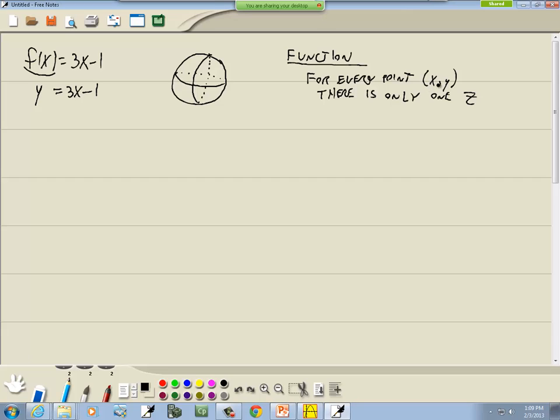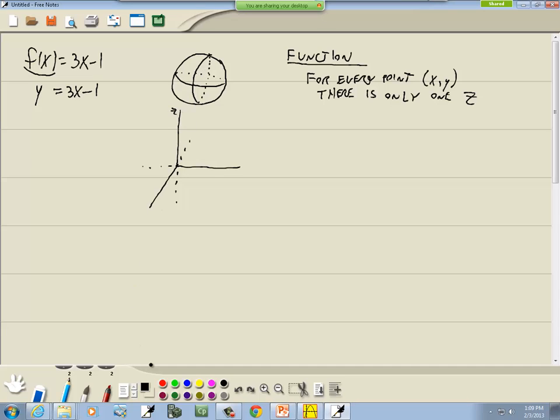Of course, if you had x, y, and z here, then you could throw another variable in there. If I look at this in 3D, remember with our axes, and I look at the sphere, this is my z-axis.